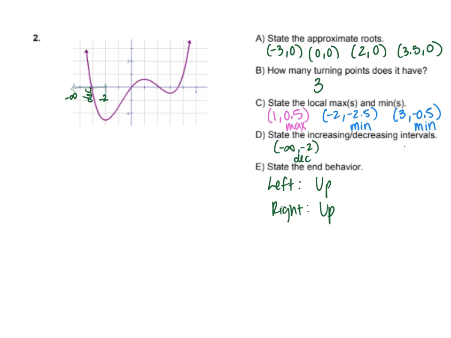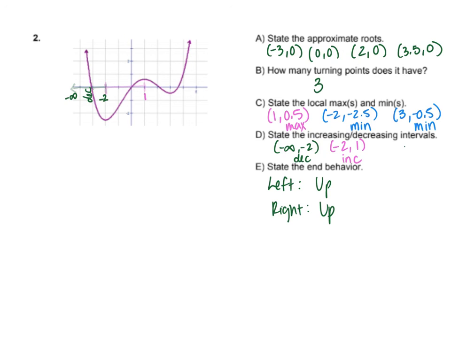And then afterwards, grab my pink highlighter here, from -2 to about right here. So notice how from -2 to about +1, it's increasing. So from -2 to +1, we know that it's increasing.